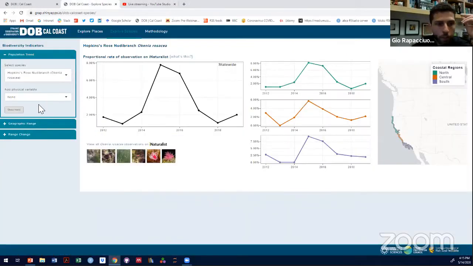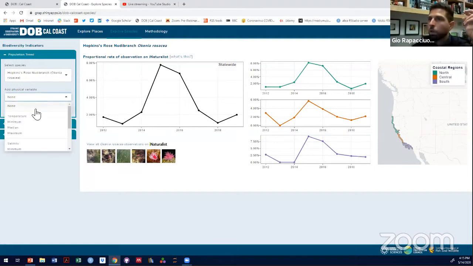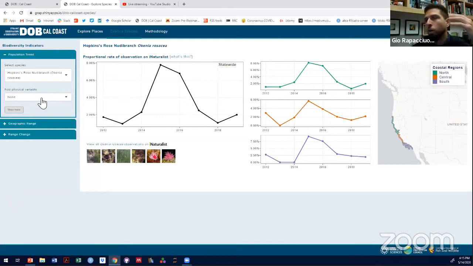Another useful thing here is that you can actually add a physical variable if you want to have a look at what the fluctuation in that variable was together concurrently with the fluctuation in your population. So we talked about Oceania and how its population went up significantly at the same time as the warm blob.